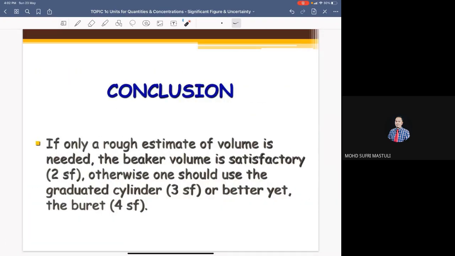If only a rough estimate of volume is needed, the beaker is satisfactory. Otherwise, one should use the graduated cylinder, or much better, a burette. So the fewer the significant figures, the less accurate, compared to more significant figures, which are more precise.